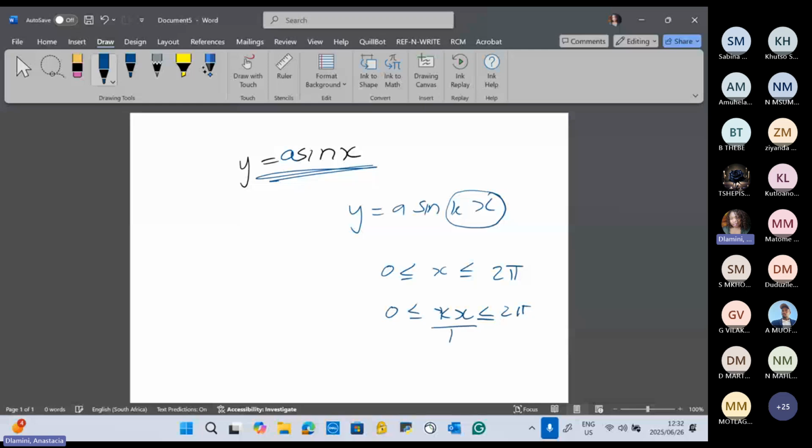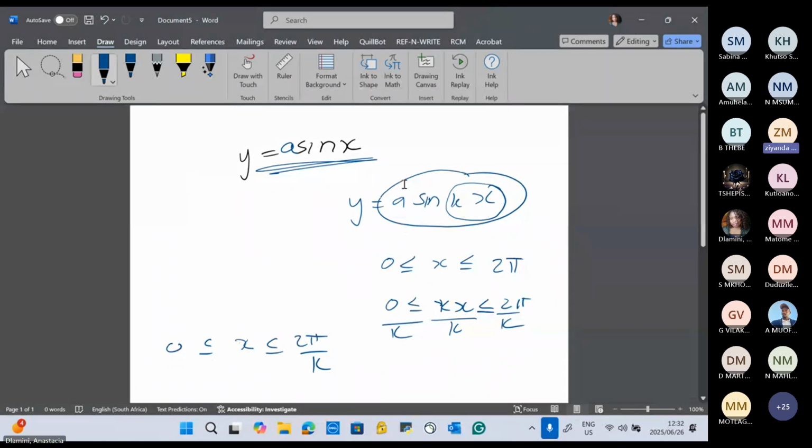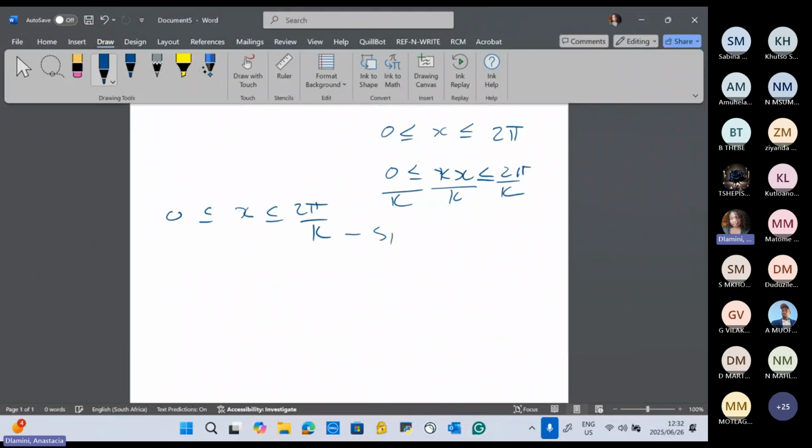If we divide by k, our new x for this graph will be between 0 and 2 pi over k. Are we all together? That's the new period. I didn't lose anyone, guys. Yes, ma'am. So for both sine of kx and cos of kx, this is the new period, which is 2 pi over k.